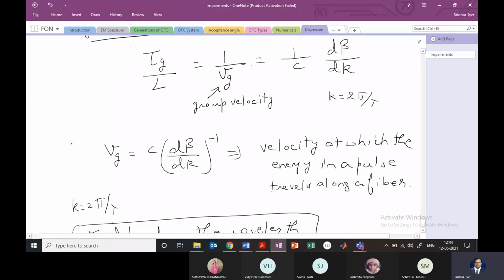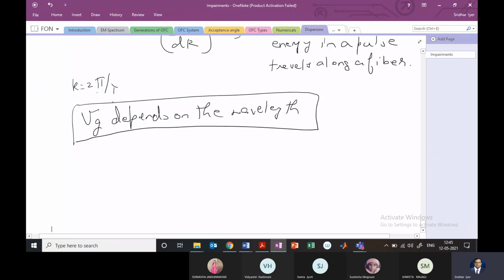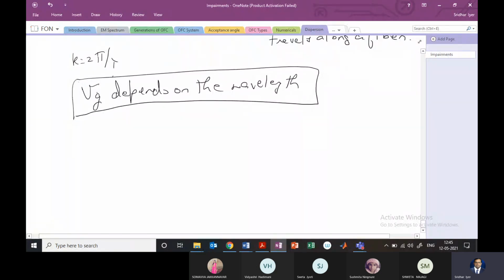That means this group delay tau g is inversely proportional to the group velocity, and since Vg depends on wavelength, the group delay also depends on the wavelength, right? So this wavelength of operation becomes very important because your group delay and your group velocity start depending on it. Because of this, each of these components, the energy which I had shown, E1, E2, E3, E4, are going to travel at a different time, and hence they will reach the output at different times, and therefore the spreading is going to occur, right?